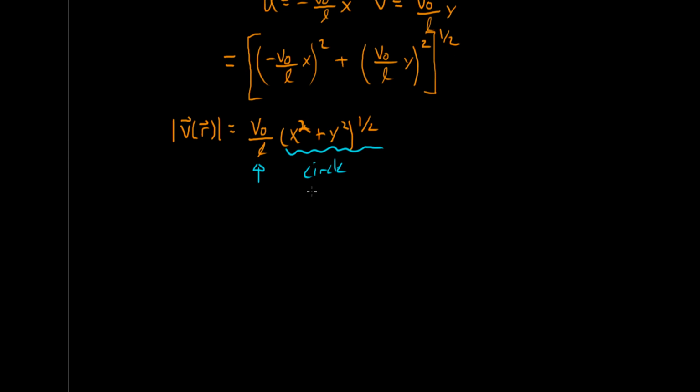What we can say then is that the velocity is equal to v0 anywhere that this is equal to 1. Anywhere that x squared plus y squared to the 1/2 over L is equal to 1.